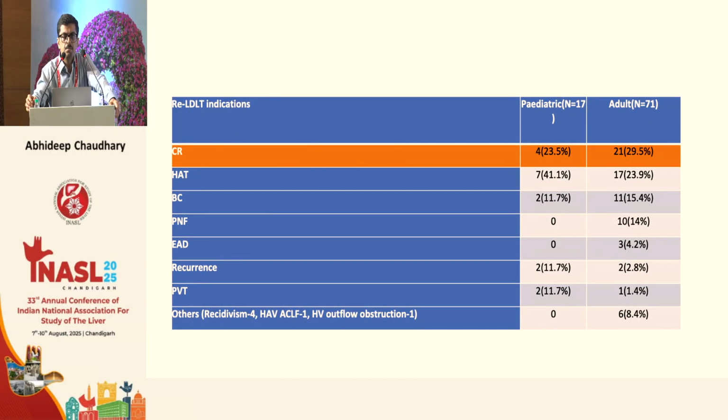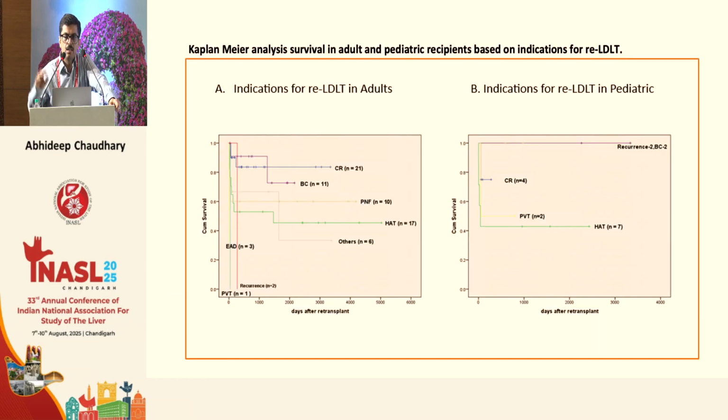In this data, around 29% of the patients were transplanted for chronic rejection. Among all the reasons for retransplant, the chronic rejection patients do reasonably well. As Dr. Soin was mentioning in his talk, retransplants done for EAD do not do that well, and that is what even the multi-center data shows.